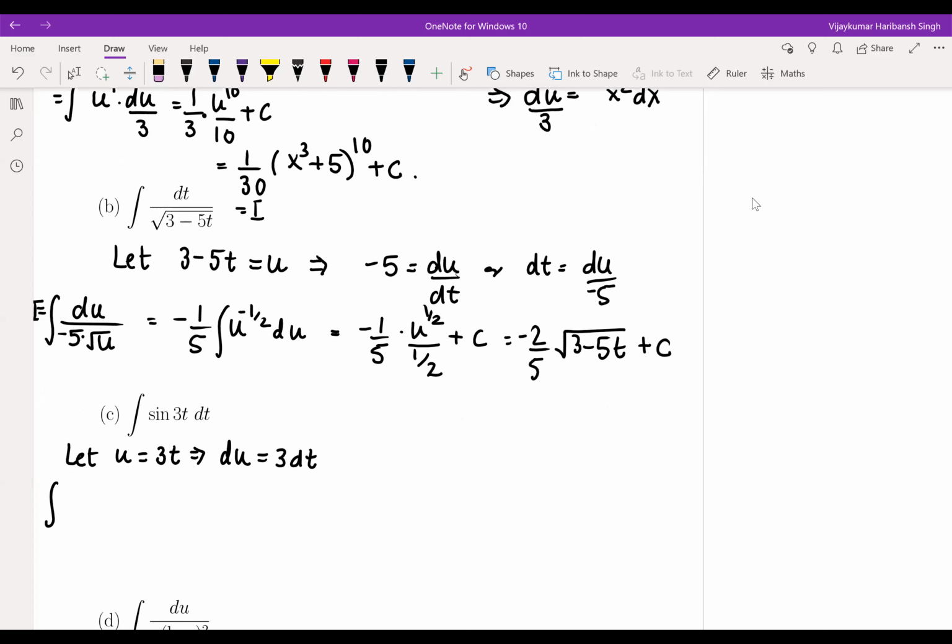So I'll write sine of u times du by 3. Now, integral of sine is what? Minus cosine. So minus cosine u by 3 plus c, which is minus cosine of 3t by 3 plus c.